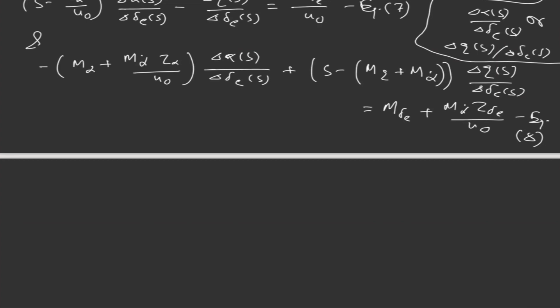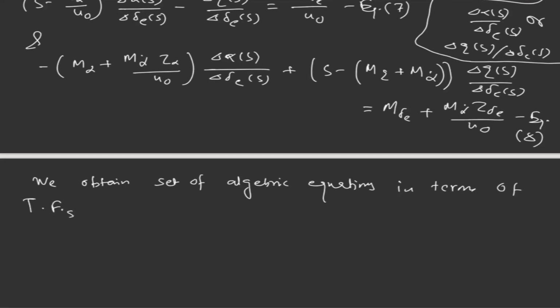arrange the equations in matrix form. So we obtain a set of algebraic equations in terms of the transfer functions delta alpha S divided by delta ES and delta QS divided by delta ES.